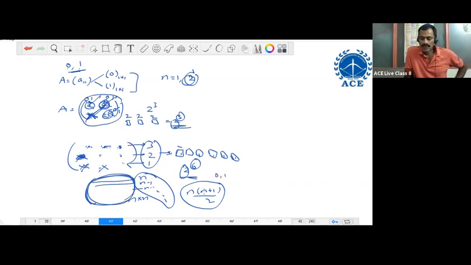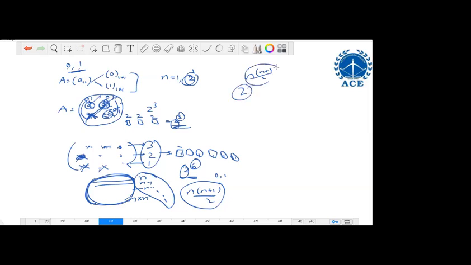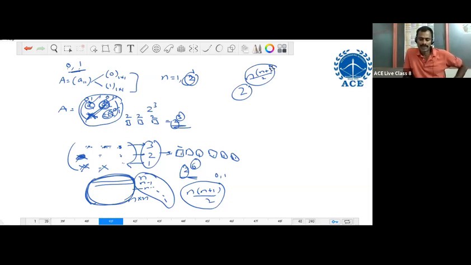So 2 into 2 into 2, how many times? n into n plus 1 by 2. That is why the answer is 2 power n into n plus 1 by 2. The base is the number of given numbers, and the power is the number of different elements in that order symmetric matrix.